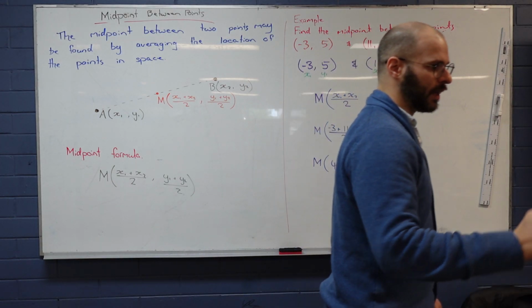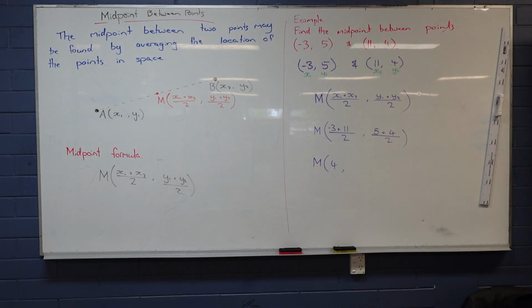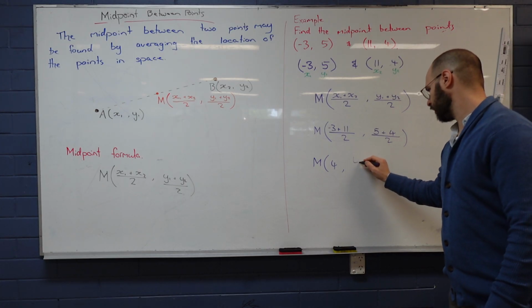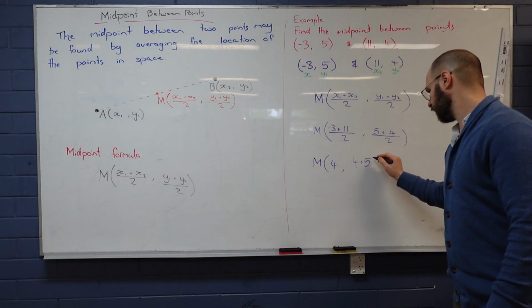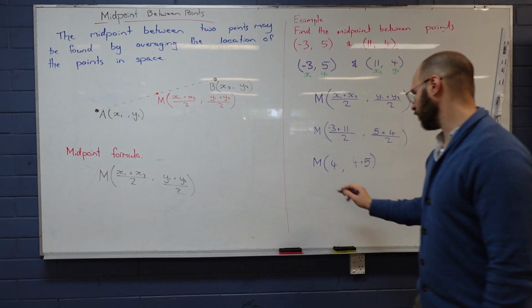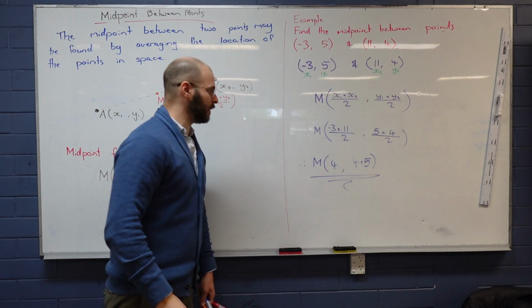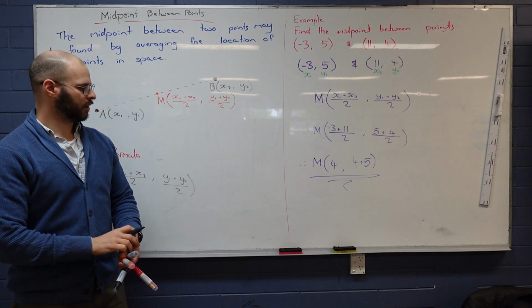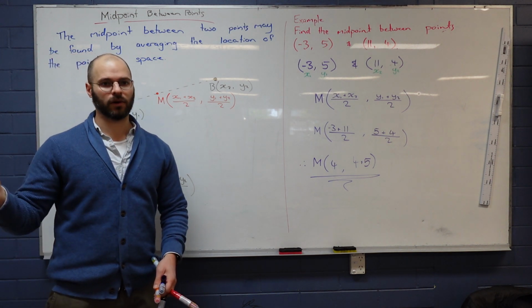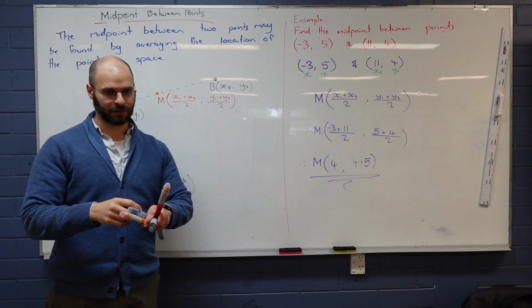Next one, 5 plus 4 is 9, divided by 2, 4.5. And therefore, our midpoint is (4, 4.5). Does this make sense, guys?